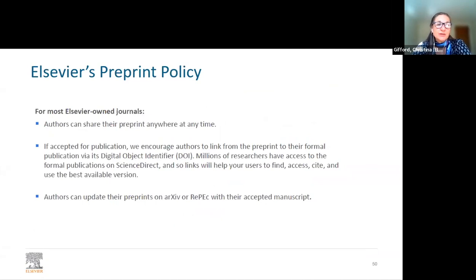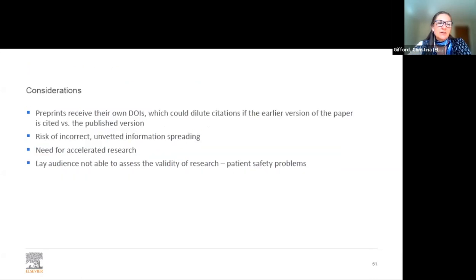Millions of researchers have access to the formal publication on ScienceDirect, so the links will help your users to find, access, cite, and use the best available version of that article and that content. And authors can update their preprints on some preprint servers with their accepted manuscripts, but that could vary from journal to journal. So always check what those policies are in the guide for authors.